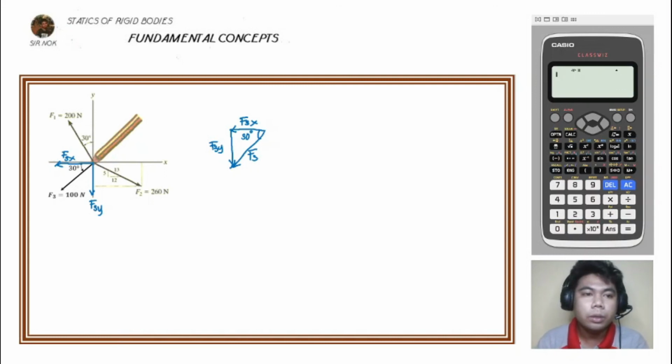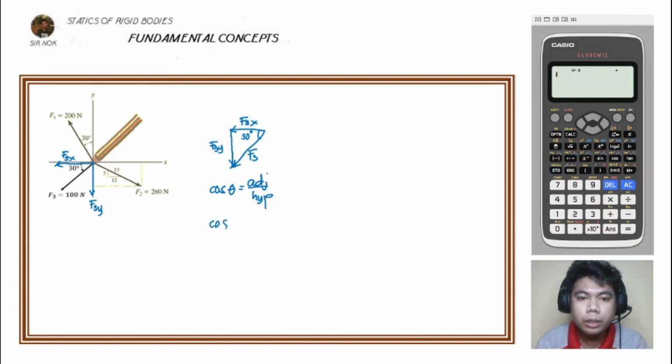So next, solve for the x component. F3x is the adjacent side of the angle 30 degrees. So we're going to use cosine theta is equal to adjacent over hypotenuse.